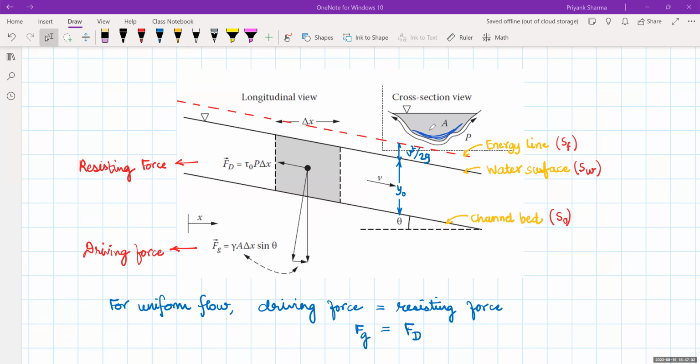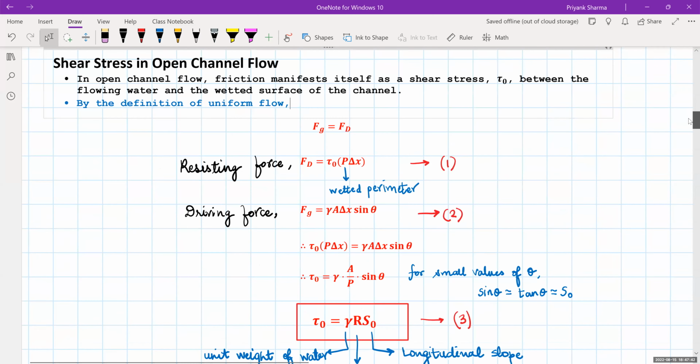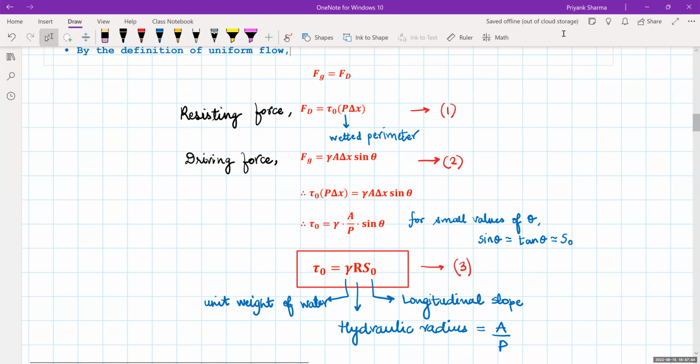This surface will have some friction, and that will be responsible for generation of shear stresses in case of open channel. By the definition of uniform flow, we proceed ahead, that is Fg is equal to Fd.